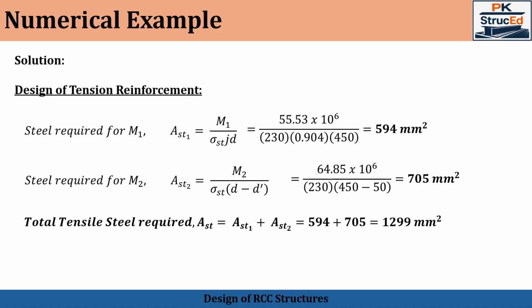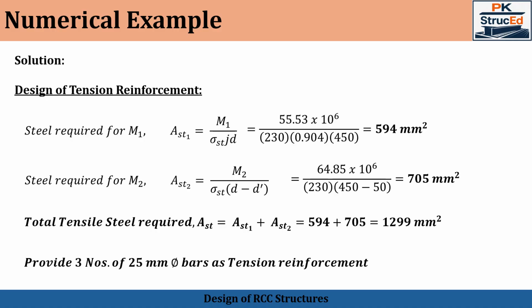Using this, we can assume a diameter of the bar and calculate the number of bars required to satisfy this 1299 mm square. We are assuming 25 mm dia bars, and will provide 3 numbers of 25 mm dia bars as tension reinforcement, in which the AST provided will be 1473 mm square.